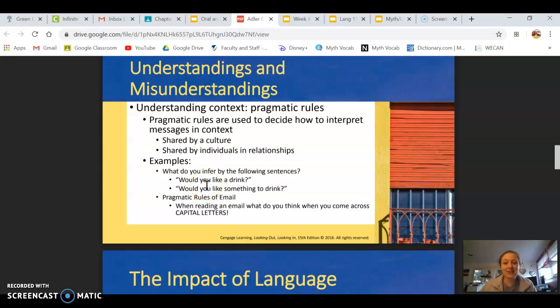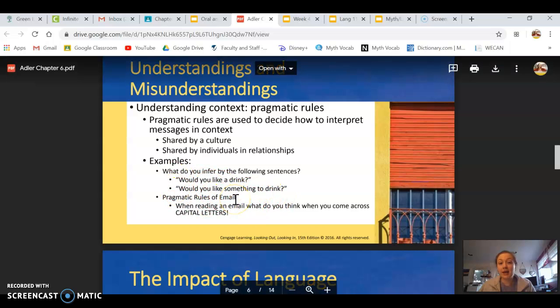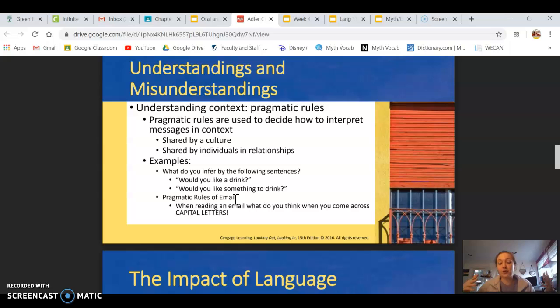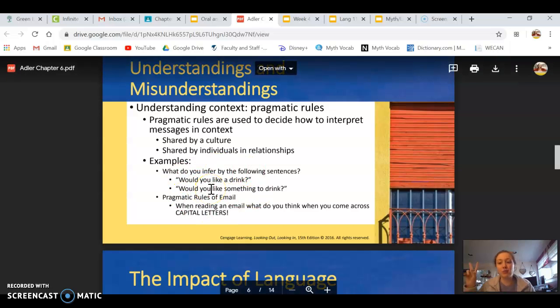A lot of times in our culture, that kind of symbolizes, hey, would you like an alcoholic beverage? But if you add something to the sentence, it adds a whole new level: would you like something to drink? So any type of drink, what would you like to drink? Instead of a drink, as in more alcoholic beverage.